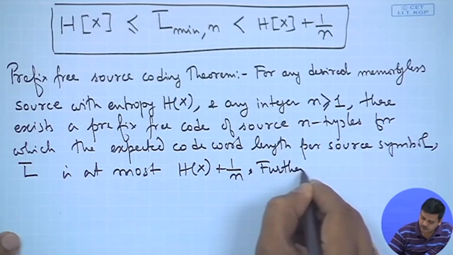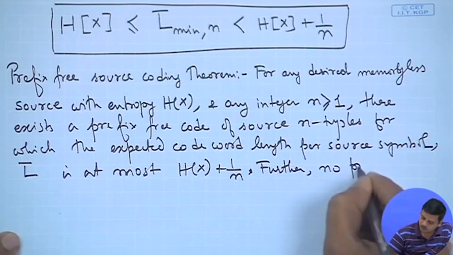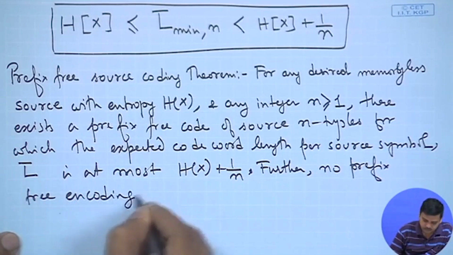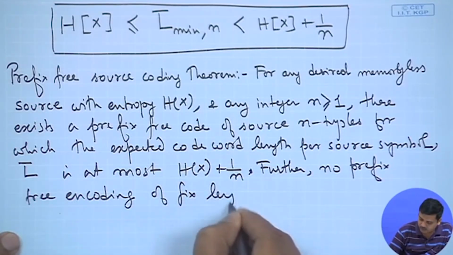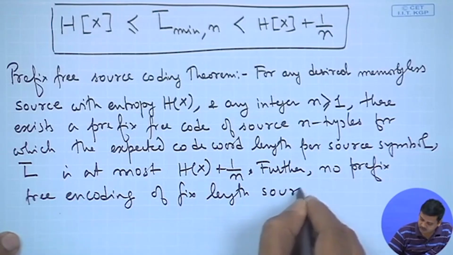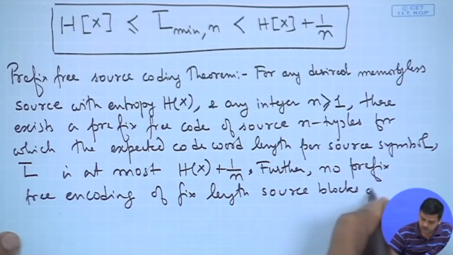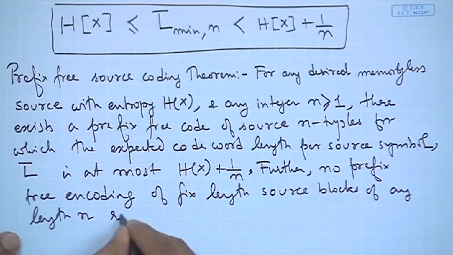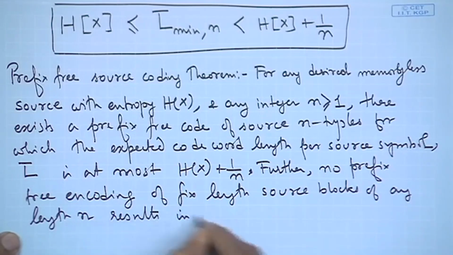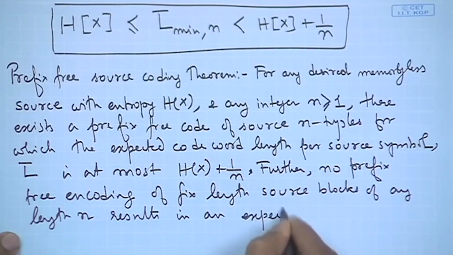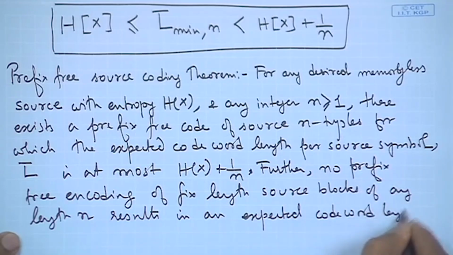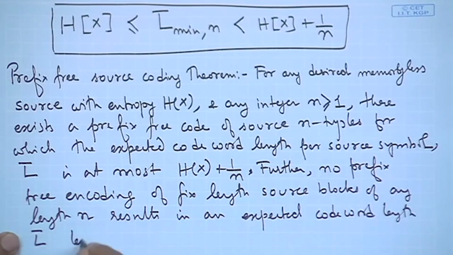We can also state further: no prefix free encoding of fixed length source blocks of any length n results in an expected code word length L bar less than H(X).